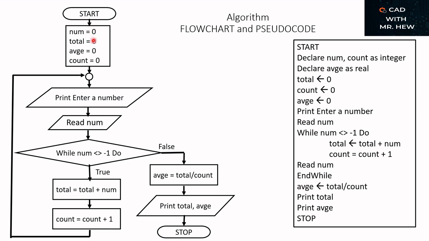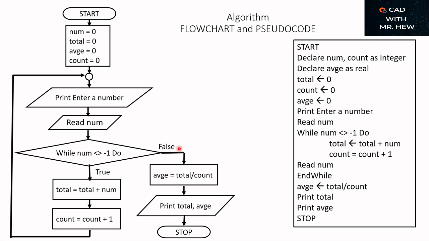In the first pass, total was 0. Then count is incremented by 1, because the count was 0, and then it will add 1. As it goes through the loop, the number entered is added to total and count is incremented by 1. When the user types in -1, the loop will end.